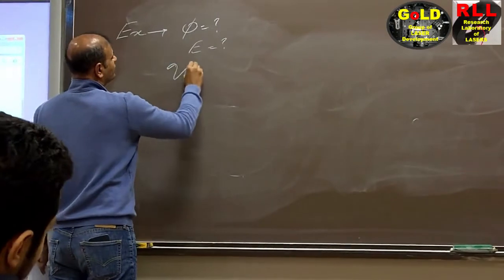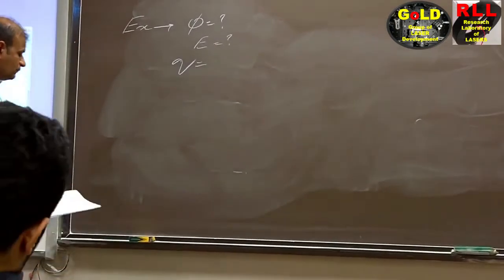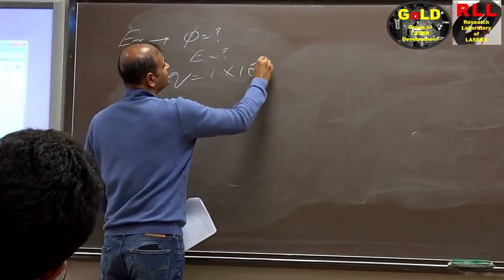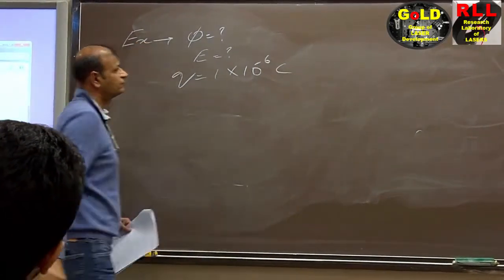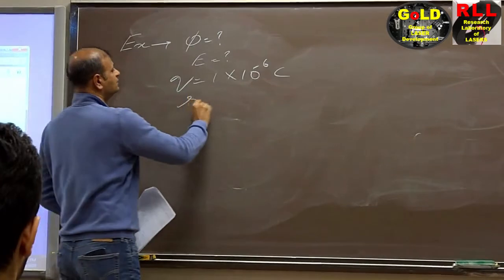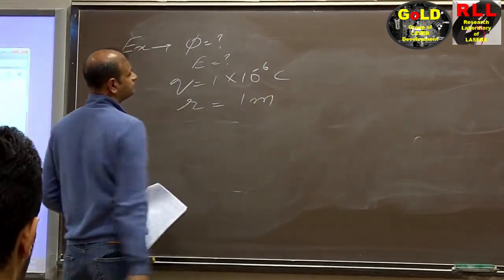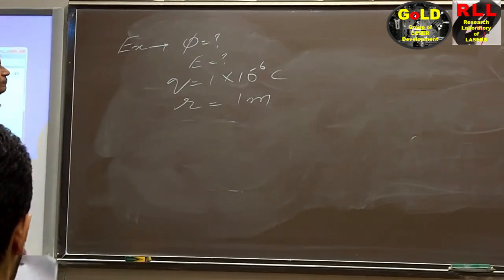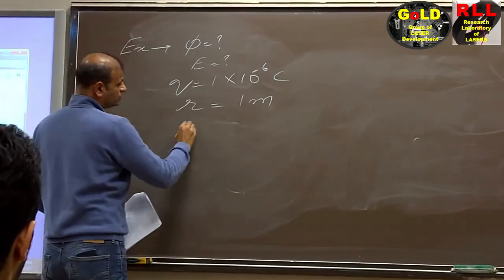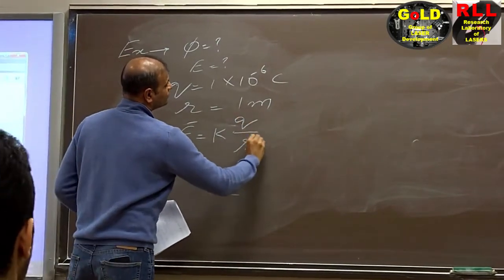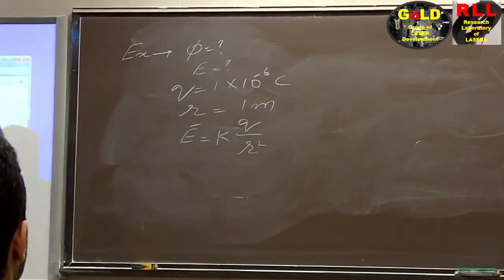Okay, the charge is given. Charge is 1 into 10 to minus 6 coulomb, and R is 1 meter. Okay, so which equation we can apply here? K Q over R square. Remember the last chapter.